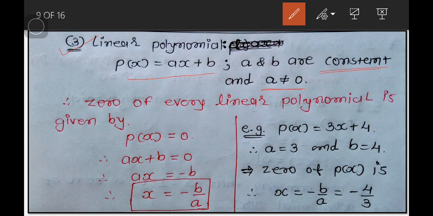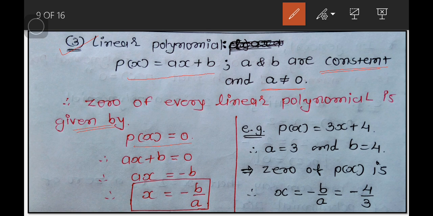Now, how can we find the zero of a linear polynomial? If you want to find the zero of a linear polynomial, we put p of x equal to 0, which gives a polynomial equation.